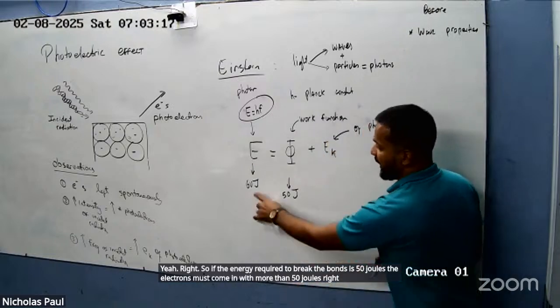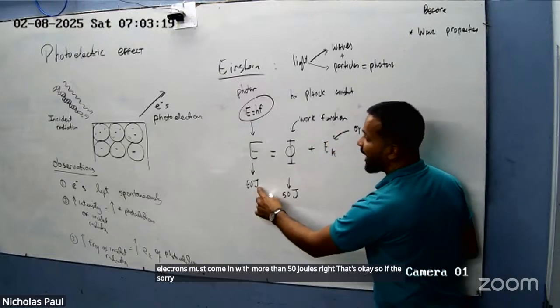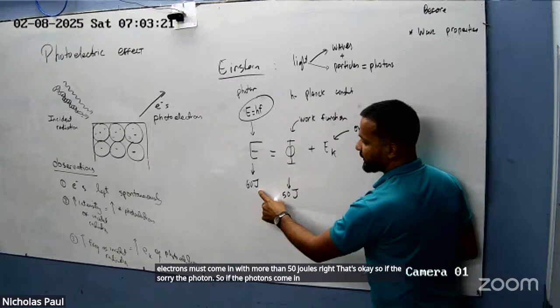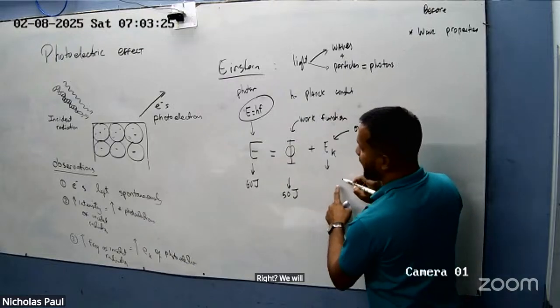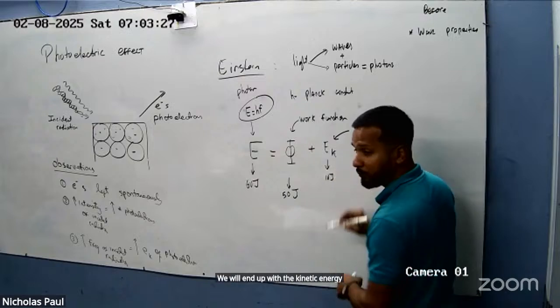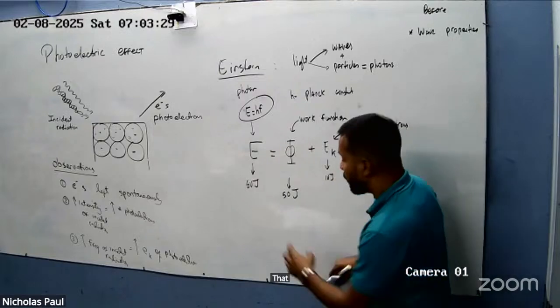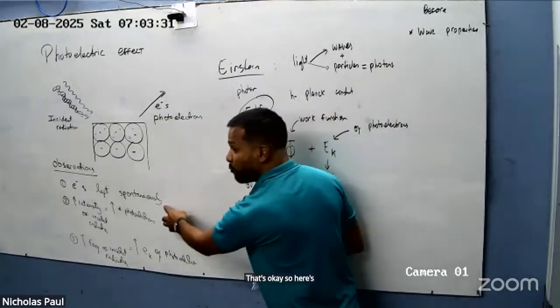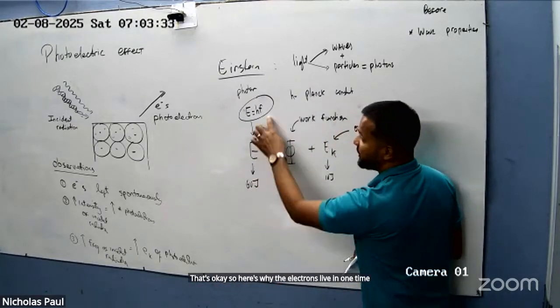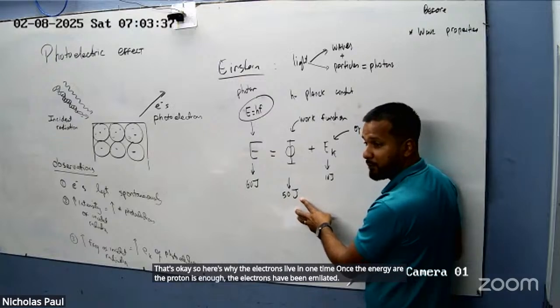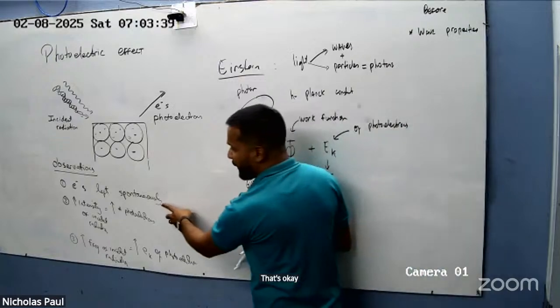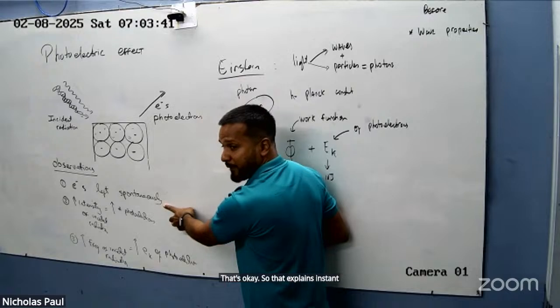So if the photons come in with more than 50 joules, we will end up with the kinetic energy being the remainder. So here's why the electrons leave in one time. Once the energy of the photons is enough, the electrons leave immediately. That explains the instantaneous part here.